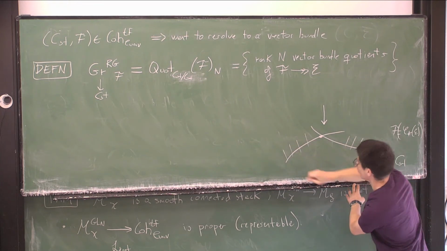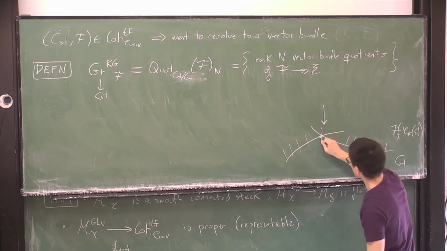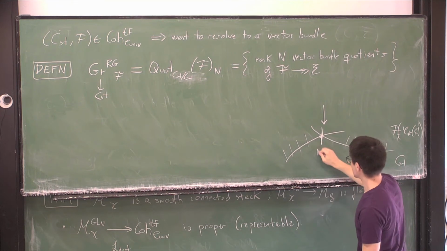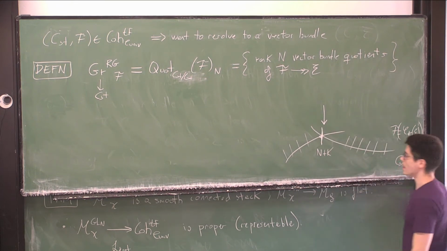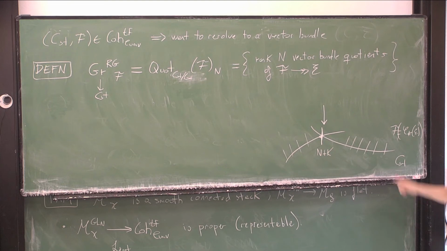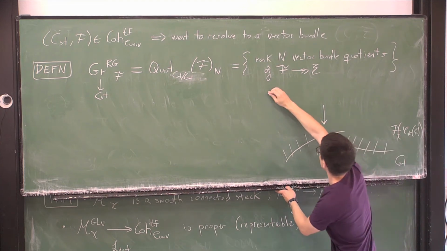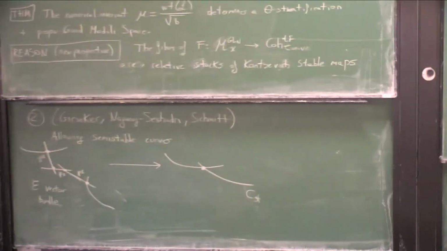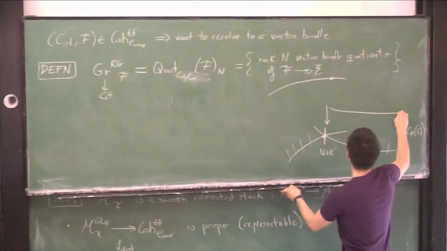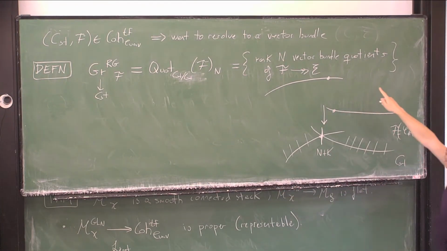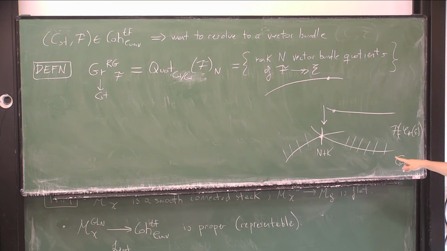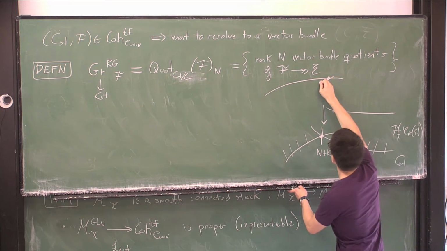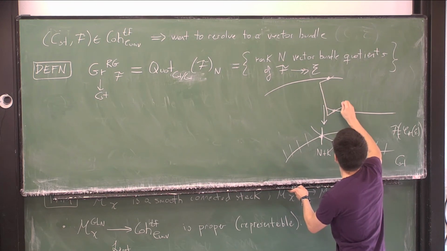All of these things are going to have rank n, but when you go to the node, because it's a torsion-free sheaf, your rank is going to jump by something. What this space looks like is you take the same curve right here, and everywhere away from the node you're going to have the Grassmannian parameterizing rank n quotients of a rank n vector space. That's just a point. But at the node, you're going to have a Grassmannian parameterizing rank n quotients.